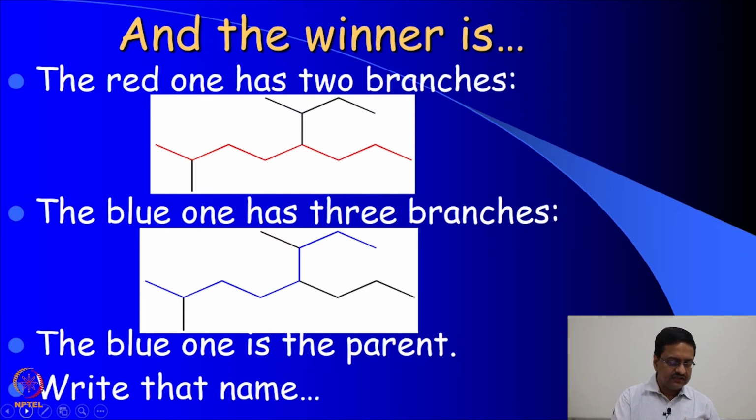In this particular case, when we are looking at the top drawing, where you have the longest chain of 8 atoms drawn in red, you have two substitutions, and in the lower case, if you look at the blue chain, we have 3 substitutions.